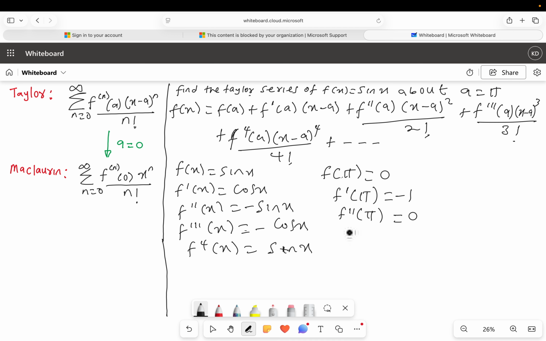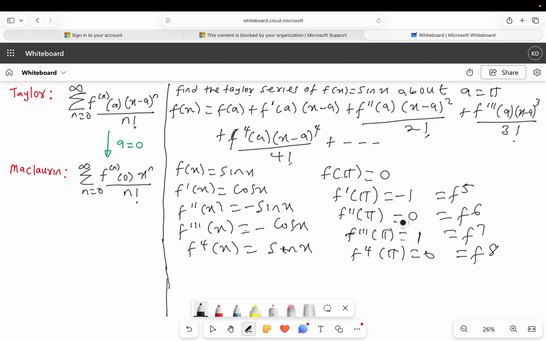Then the third derivative of pi will be 1. Then the fourth derivative at pi will be 0. As I said, my fifth derivative will be the same thing as the first, my sixth will be the same as the second, and my seventh the same, because it repeats itself.